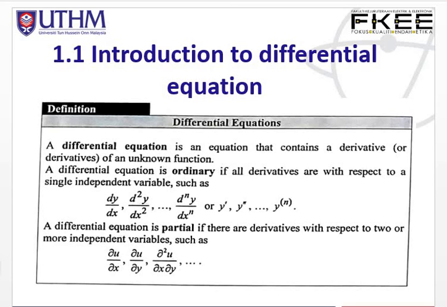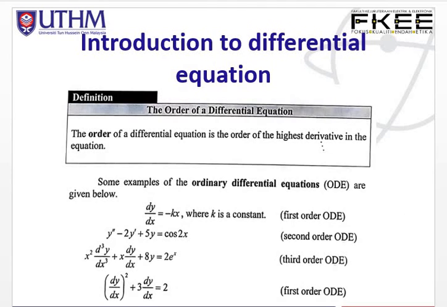Apart from the type of differential equation, you also have the order of the differential equation. Just now I told you, you have first order, second order, third order. Let's look at the difference. If you have first order, you have dy over dx.